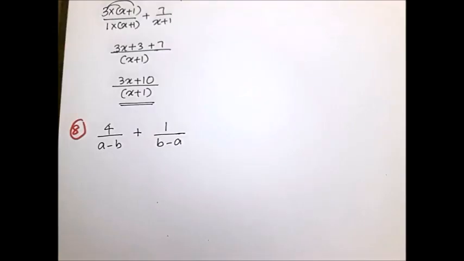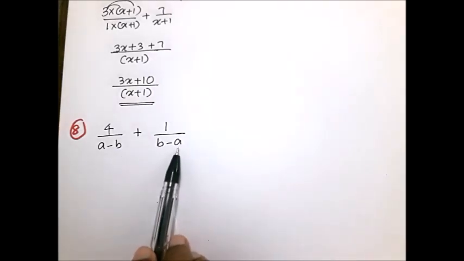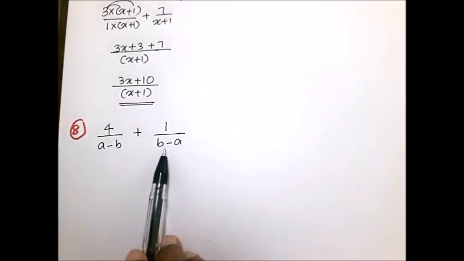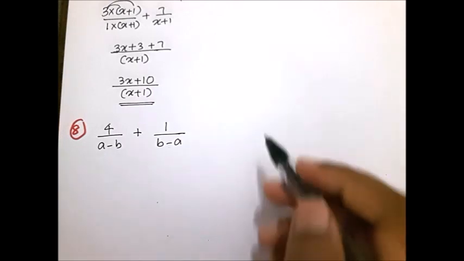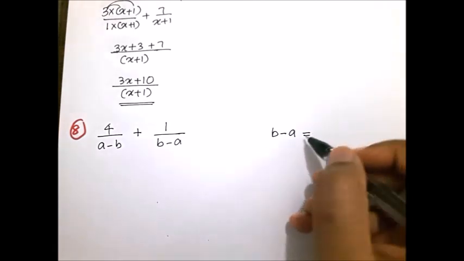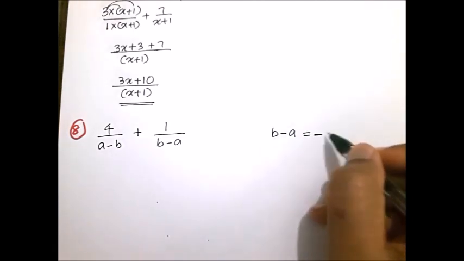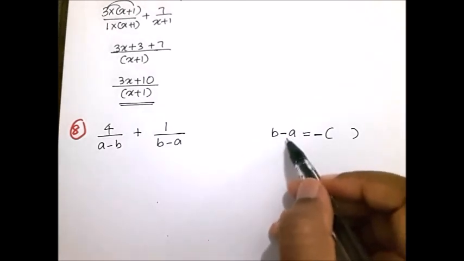Now look at 8th example. Here denominator is a minus b, here denominator is b minus a. But you can convert this denominator into this one. B minus a equals, if you take minus term out, you have to change the sign of these terms.